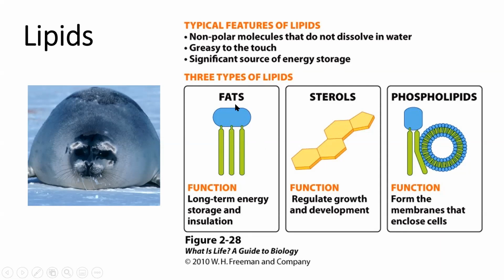You can see 3 different types of lipids: the fats; the sterols, which are going to form steroids and form cholesterol, which help regulate growth and development; and then the amazing phospholipid molecule, which comprises the membranes on planet Earth.